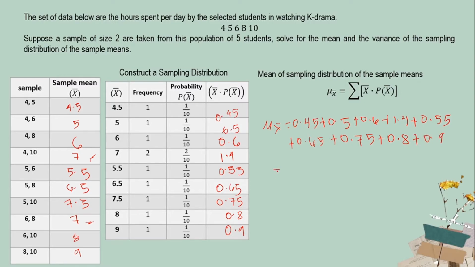Then it would give us a total of 6.6. So what can you observe between the population mean and the mean of the sampling distribution of the sample means?